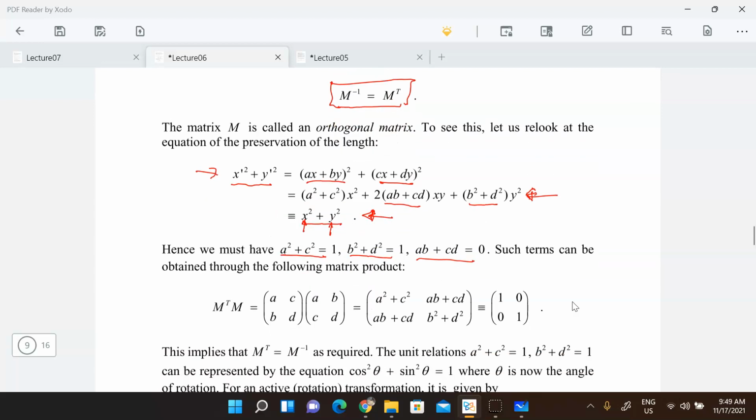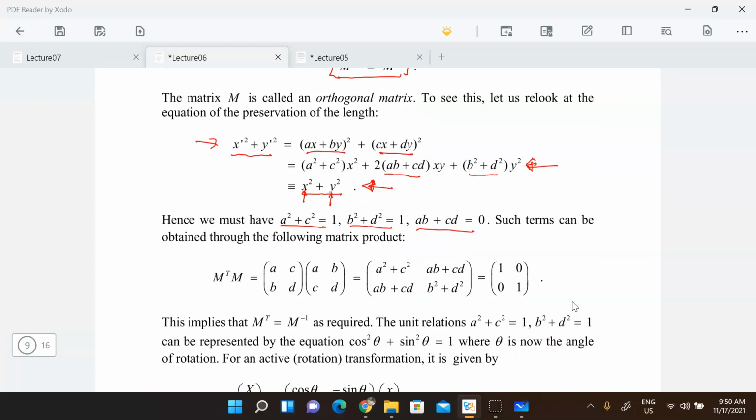So I need a matrix A, B, C, D such that these properties happen. This can be done by multiplying M with M transpose.